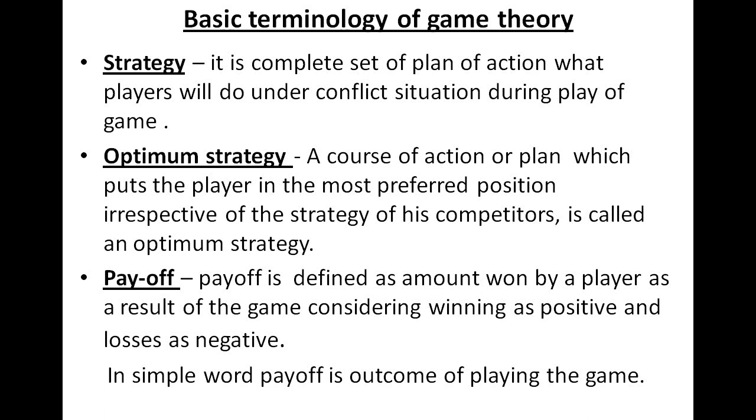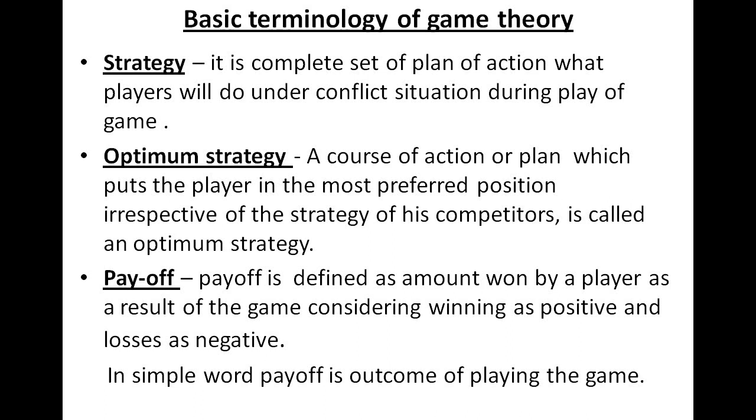Y is going to increase their sales to capture the market. By looking at Y company's sales, X company also started increasing sales to capture the market. Correct? Optimum strategy says that X company should not think more about the competitors' plans or actions, but should concentrate more on what is suitable for its own business organization. So that is called optimum strategy.